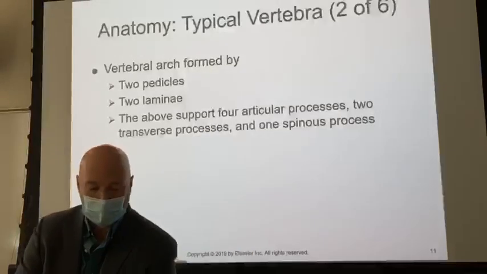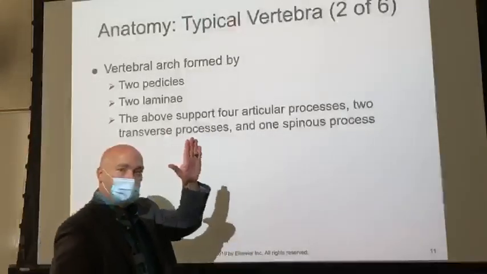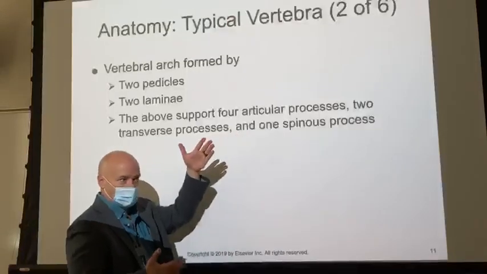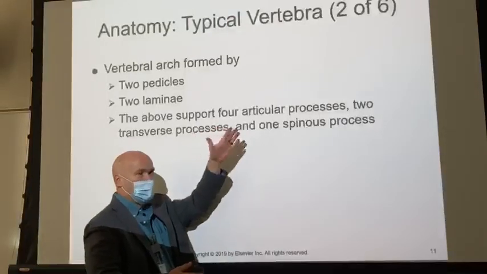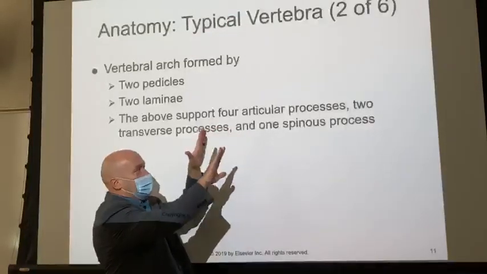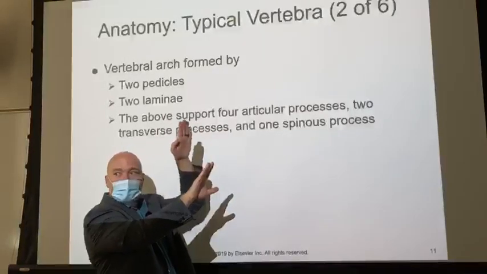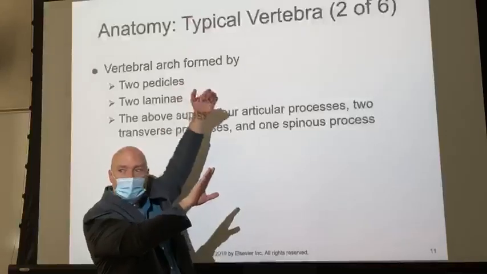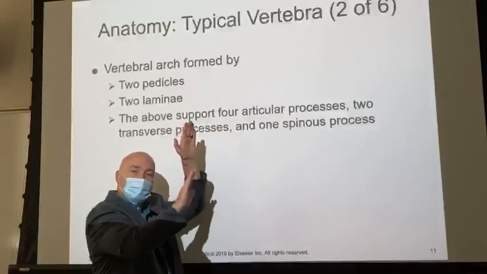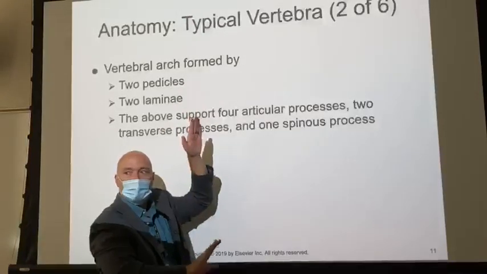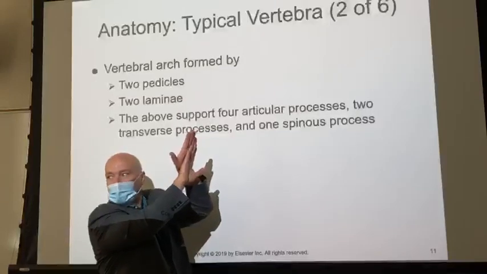So what you've got is a vertebra with a facet joint, or facet, and then you've got another one, and they articulate together. This is the inferior articular process of the vertebra on top, and this is the superior articular process of the one on bottom, and they come together like that.